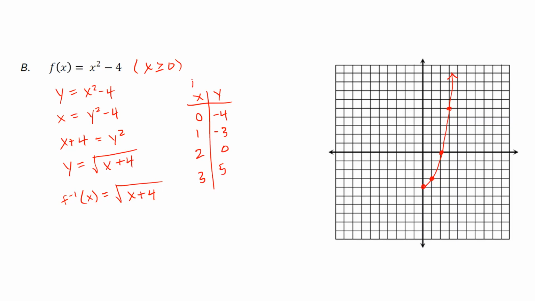So for my inverse function, my points are going to be the x and y values switched: -4, 0, -3, 1, 0, 2, and 5, 3.